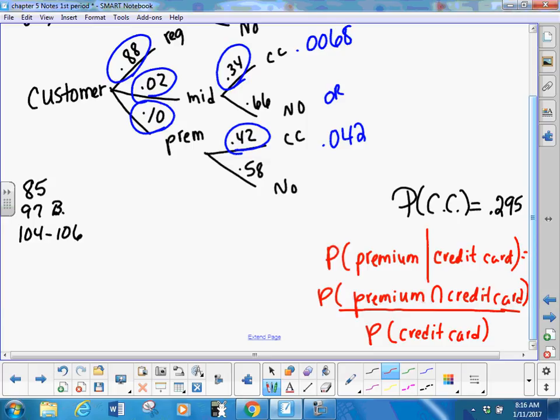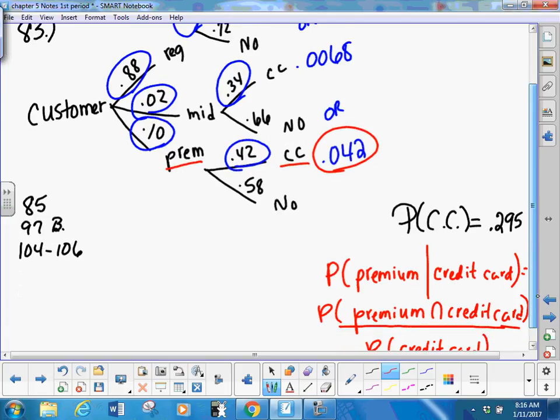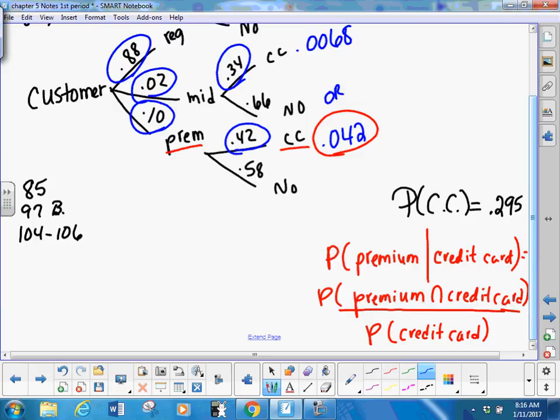Well, that's not too bad. You just go to your tree chart, your tree diagram. Here's premium. Here's credit card. So that numerator is going to be 0.042 because that's the probability of premium and credit card.